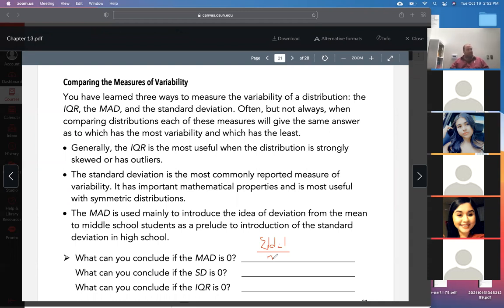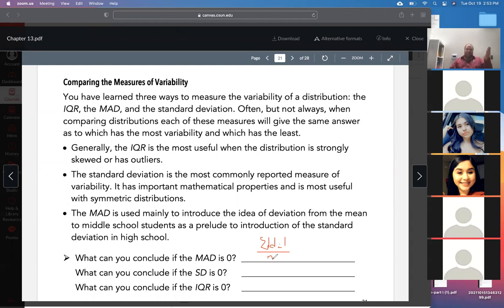Give me an example of 3 numbers that add to 0, but you can't use negatives. Go. Aren't they all 0? They all have to be 0. Every deviation must be 0. There's no other way for the MAD to be 0. Now, if each deviation is 0, what does that mean? What does it mean for a deviation to be 0?